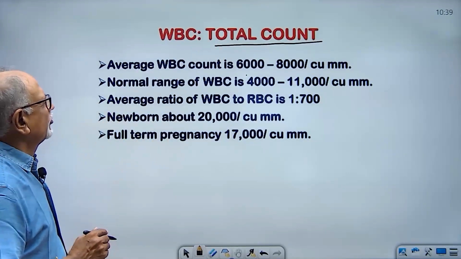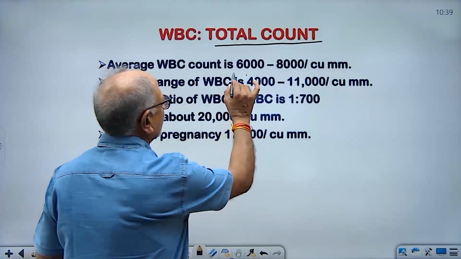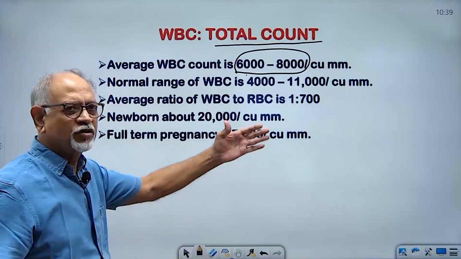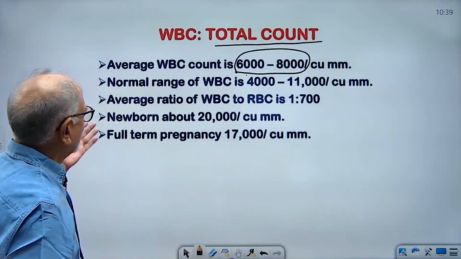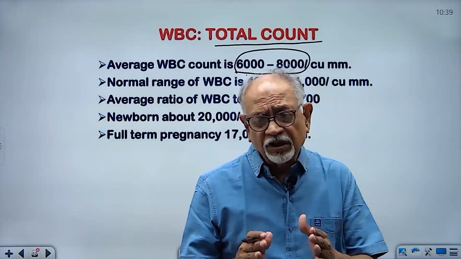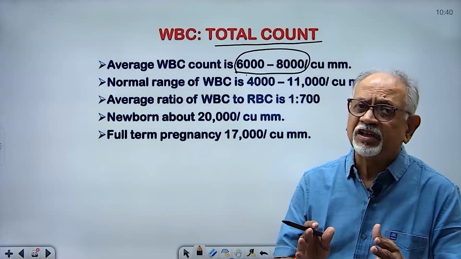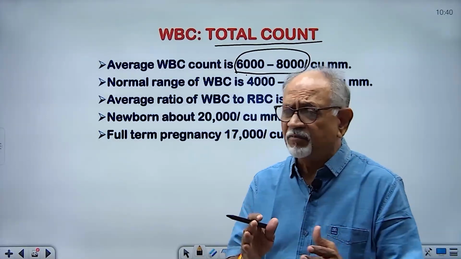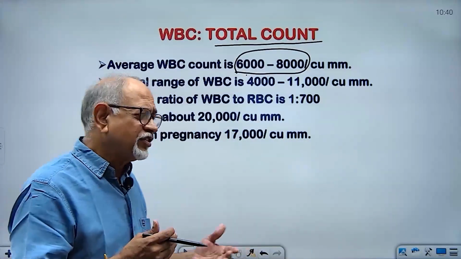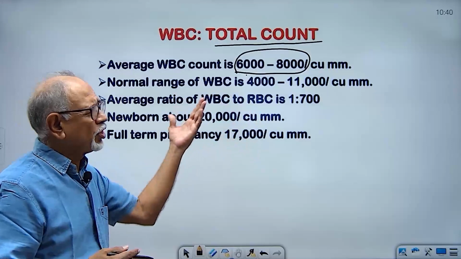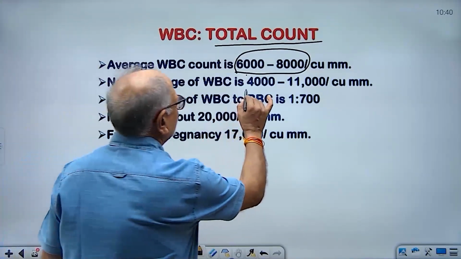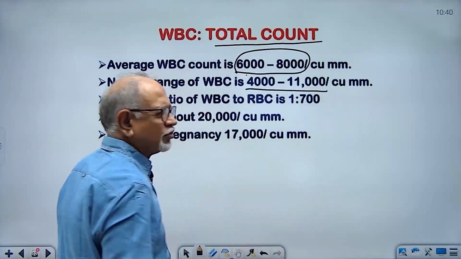In a normal person, the average WBC count is about 6,000 to 8,000 per cubic millimeter. But depending upon the physiological condition and infection in the body, the count of WBC temporarily increases, then it is brought back to normal. So the normal range is considered from 4,000 to 11,000 per cubic millimeter.